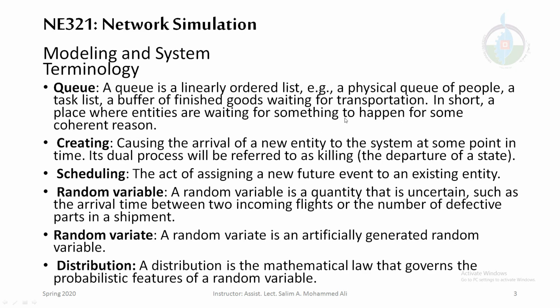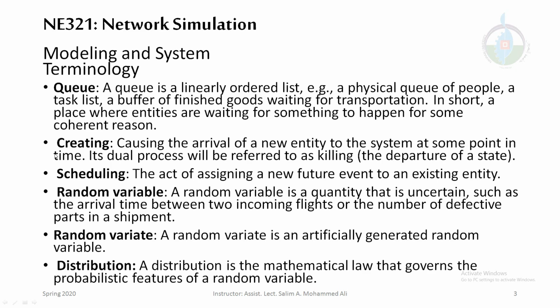If you have a system and a number of customers or entities are waiting to do some action or processing, then these entities are in an ordered list, in a queue. For a network example, a queue of packets usually stands in a router before they forward it to the distant address.